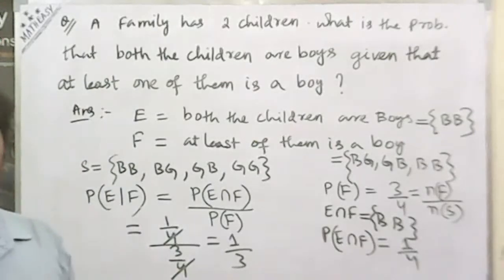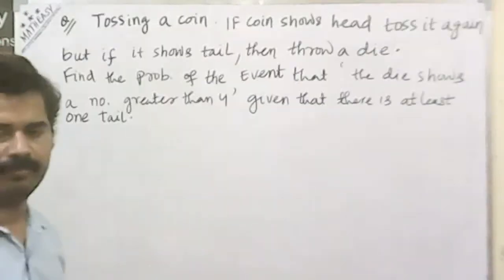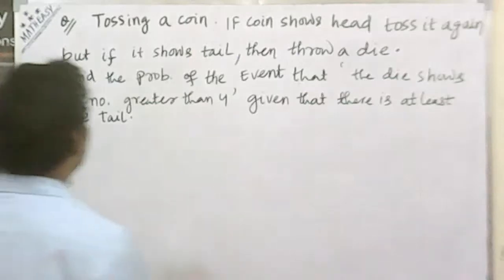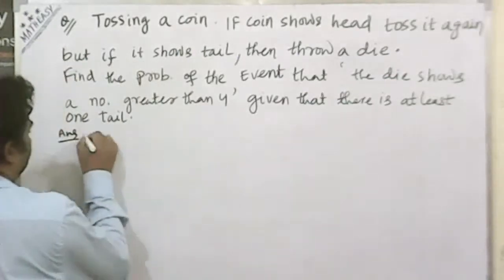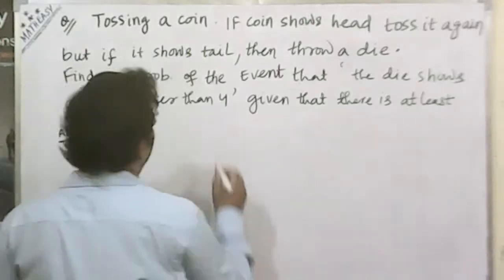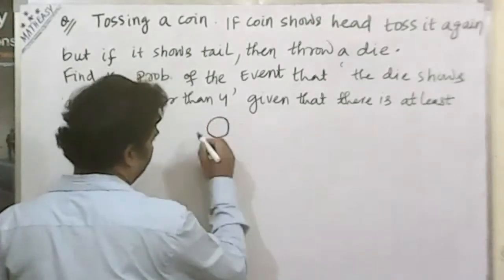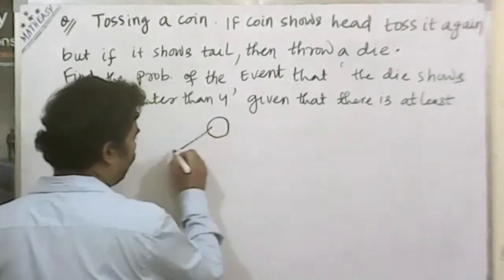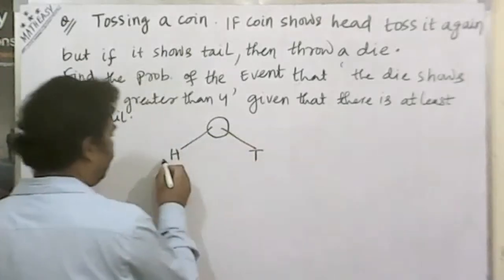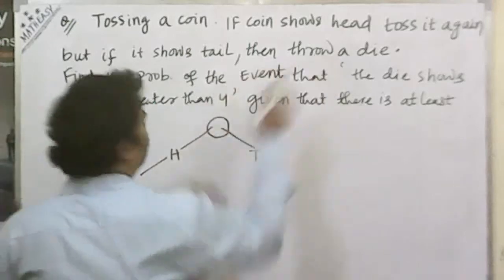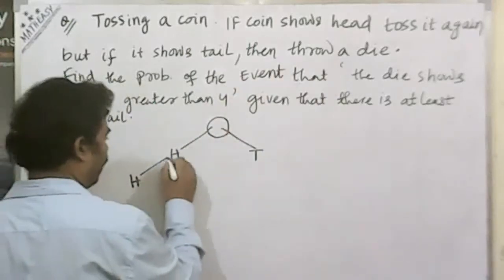Now take another question in conditional probability. It is a very, very important question. Here, tossing a coin, it may be head, it may be tail. If head comes, toss a coin again.